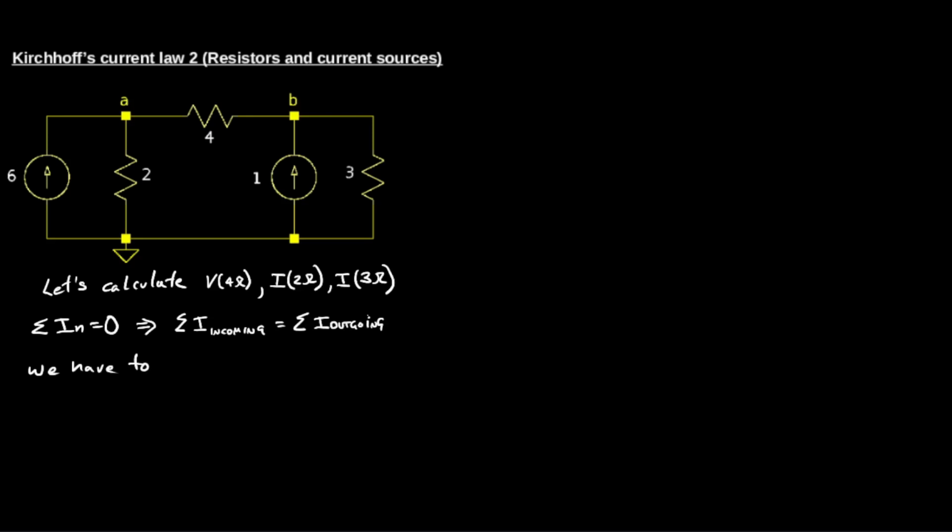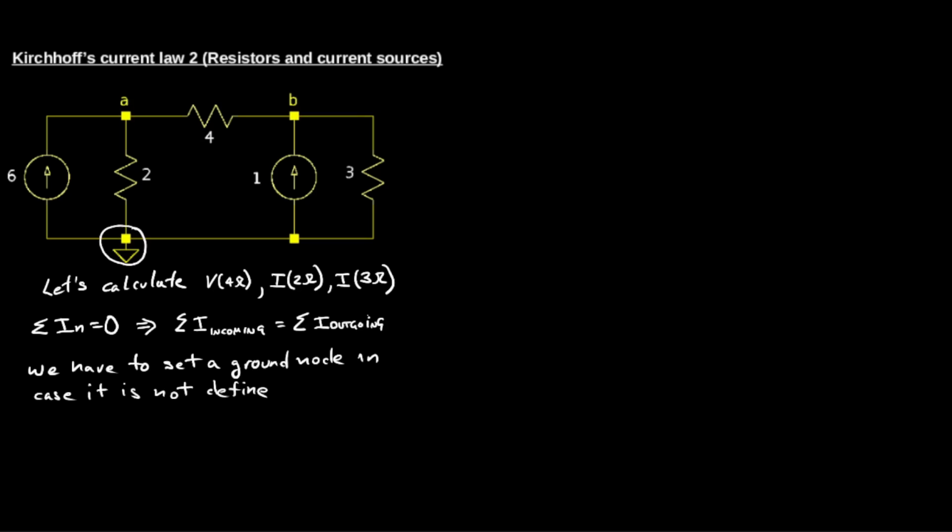First of all we have to identify or set a reference node in case we don't have it. We can see in this circuit that we have a ground node on the lower left of the circuit. So this is going to be my reference node. In case I don't have it, I will have to set a reference node wherever I want.